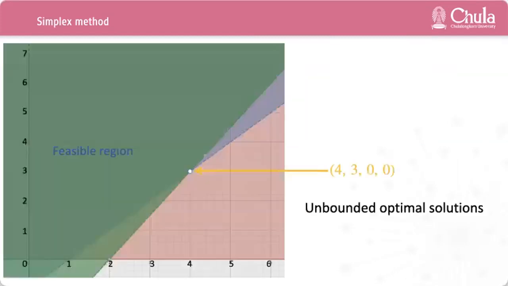No? Okay, so we stop at this point. And you see that the feasible region is unbounded.